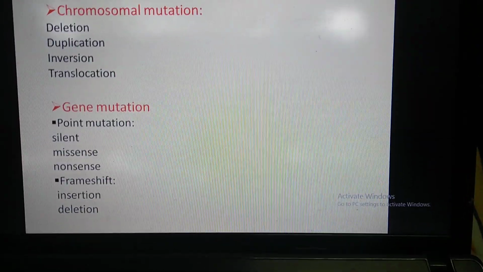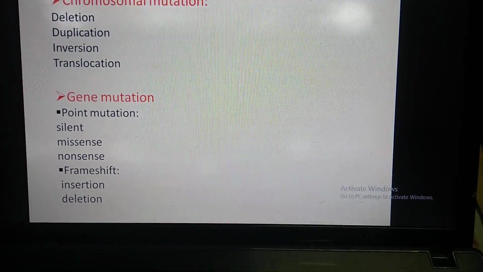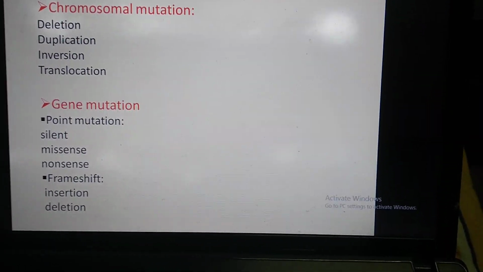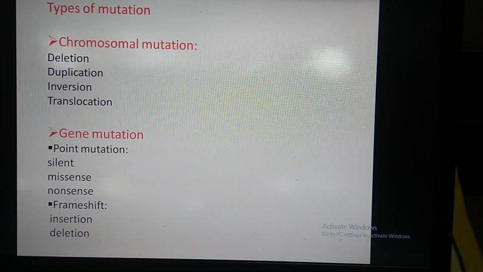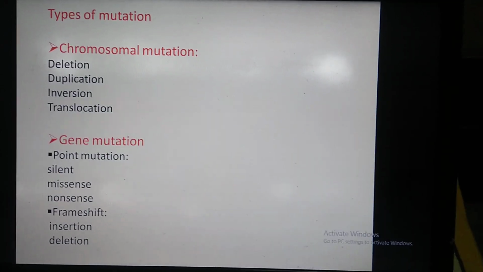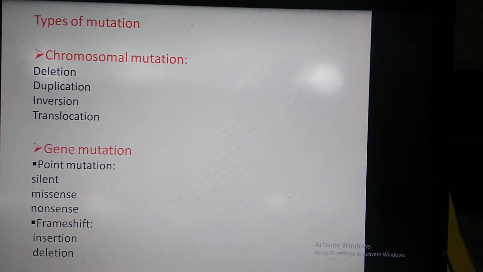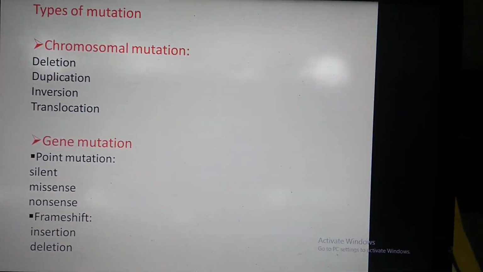And the last type of point mutation is nonsense mutation. If due to the point mutation a codon changes into a stop codon, three types of stop codon we know, that is called a nonsense mutation.